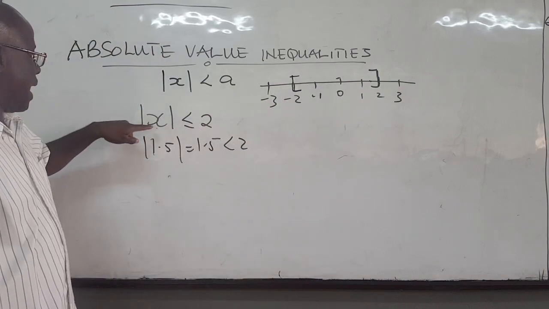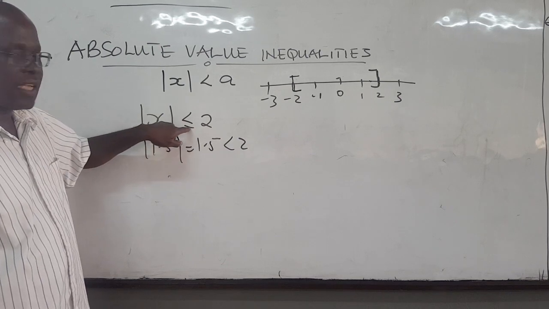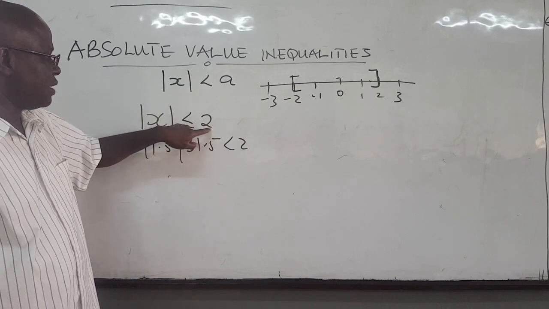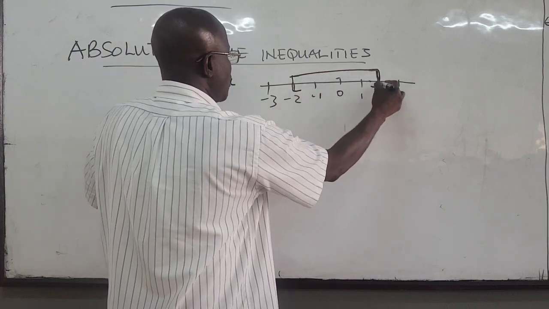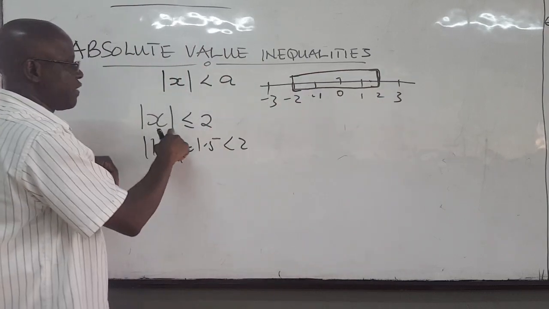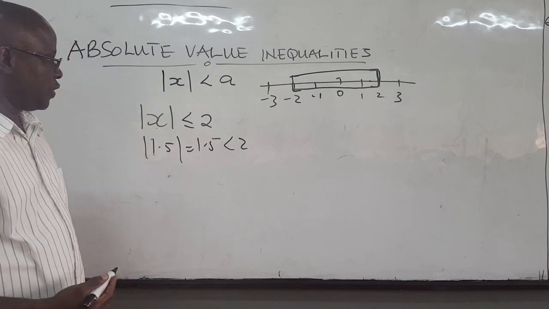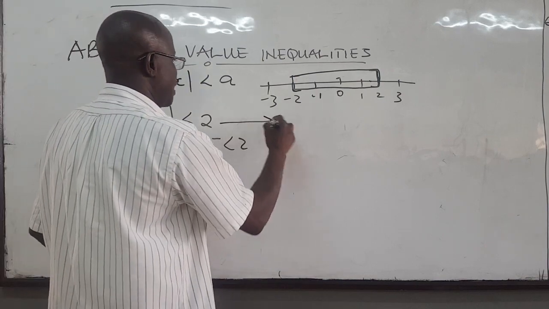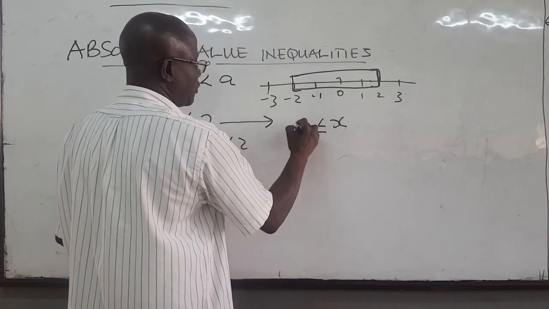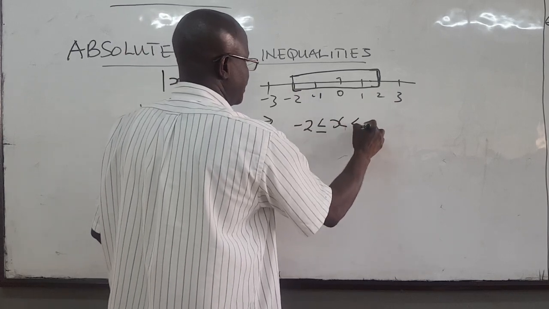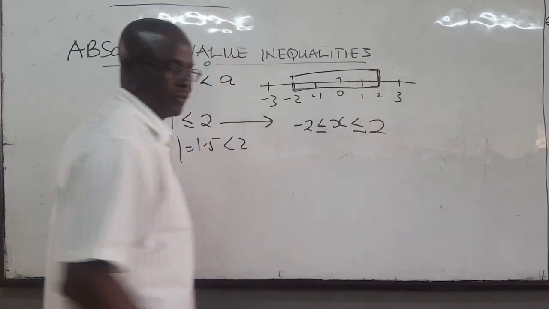So when you say the absolute value of x is less than or equal to 2, what that means is that all numbers that lie from -2 to 2 will satisfy this inequality. How do we write that? You can write this as x is greater than or equal to -2, but less than or equal to 2.